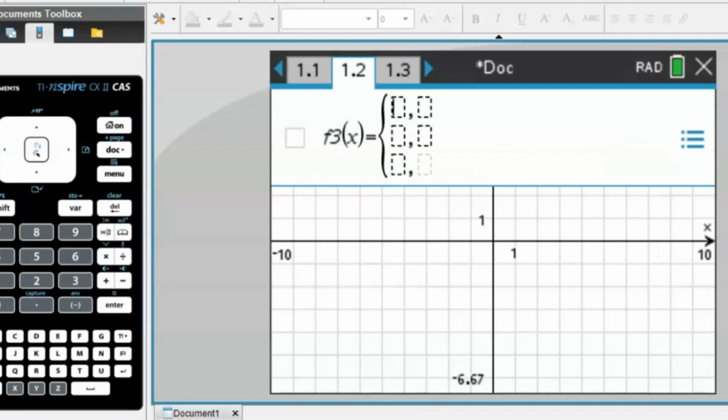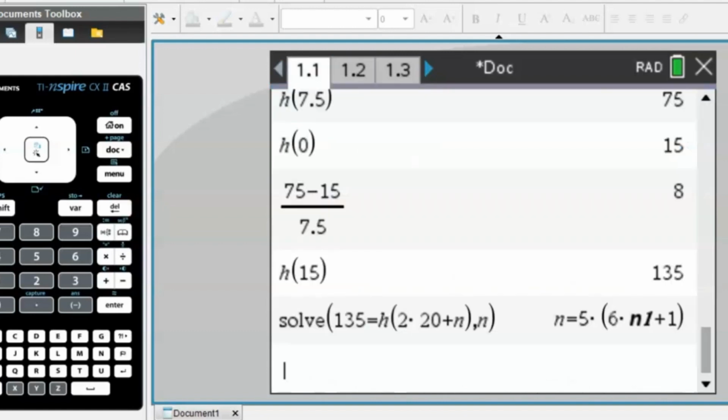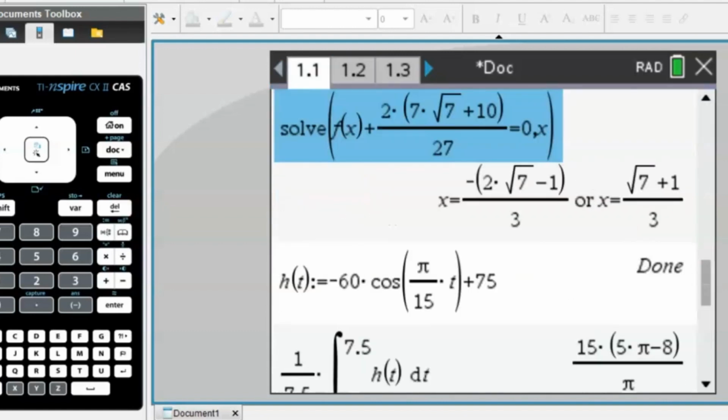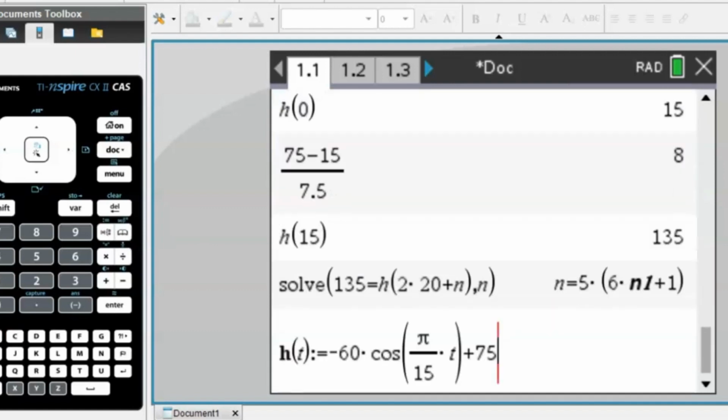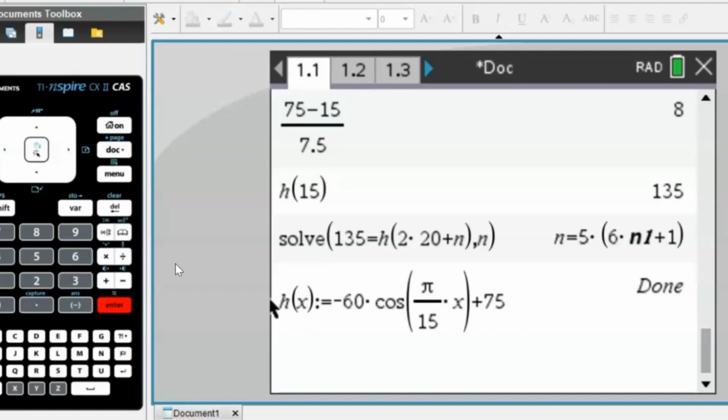Alright, our first piece was h of t. Actually we have to change t to x, just define this, because the calculator will not give any output if we don't make it x.